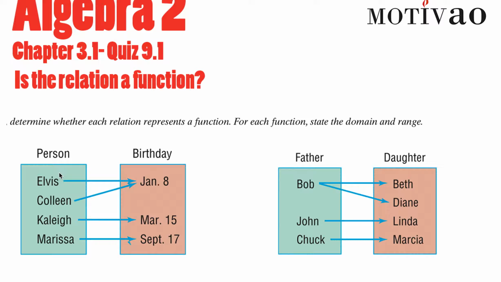So it doesn't matter how many inputs you have for one output, it just has to have one output, okay? So the first one is a function, and the second one is not a function.